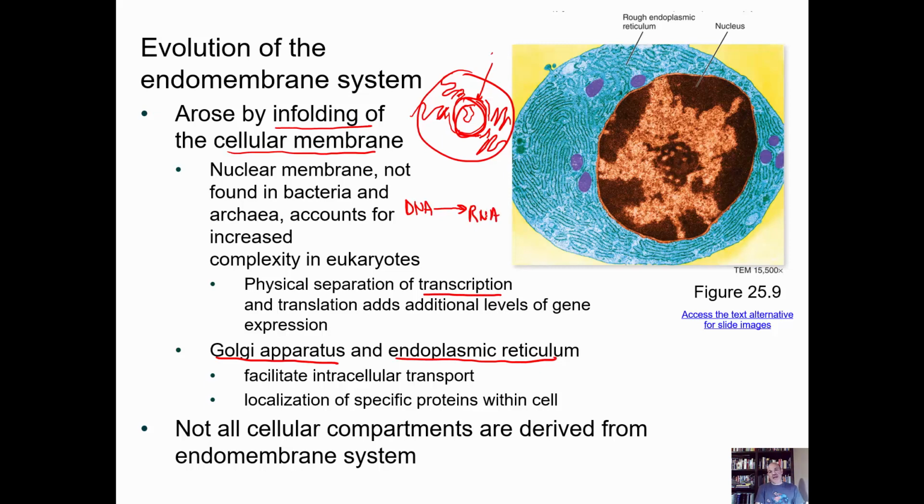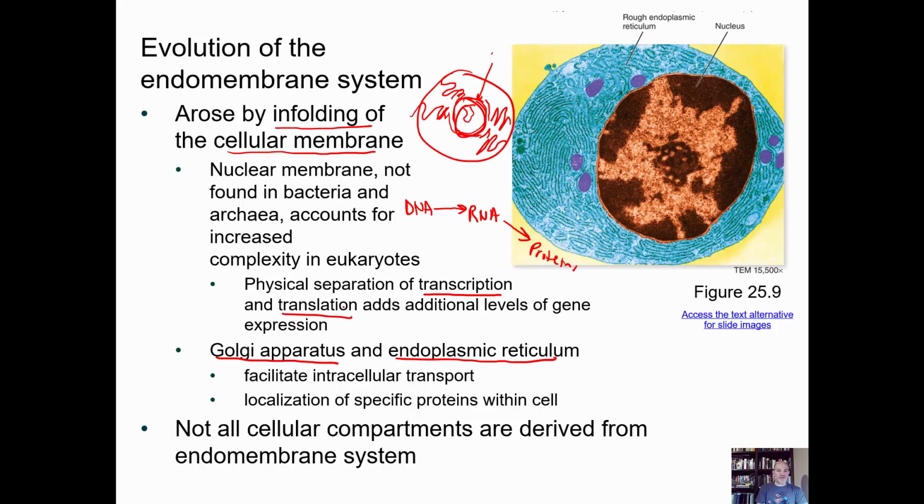RNA and DNA are both nucleic acids. We're just going from one form of genetic storage to another. And then that RNA goes and attaches with ribosomes to make your proteins. This process here, defined by that arrow, is called translation, right?